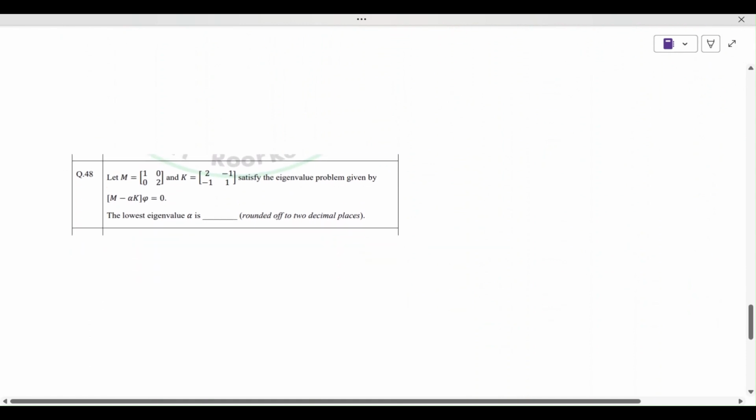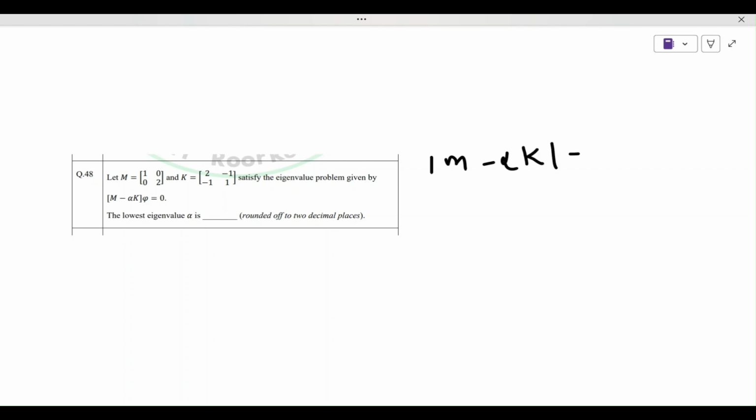Here two matrices are given to you that satisfy the eigenvalue problem given by (m minus alpha k) into phi equals 0. This means the characteristic equation is already given to you. So we are just going to find its determinant, that is, determinant of m minus alpha k equals 0.